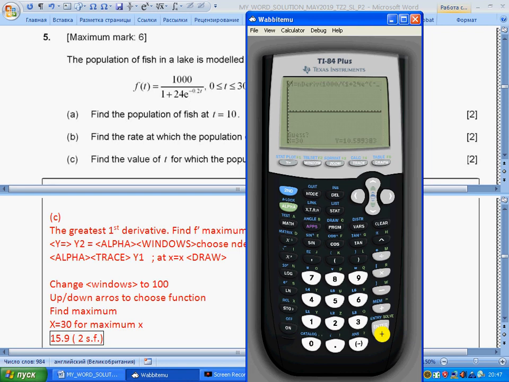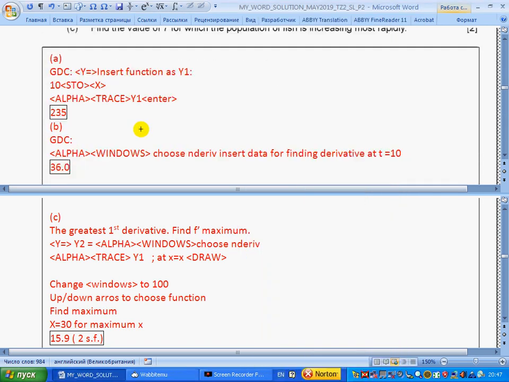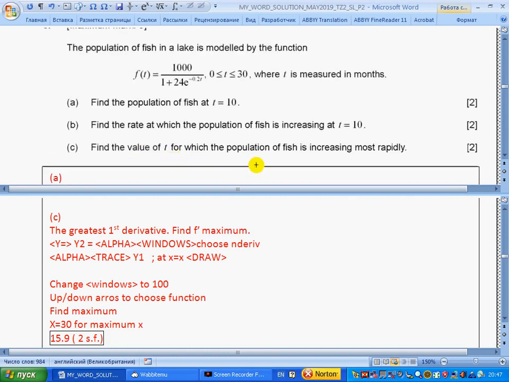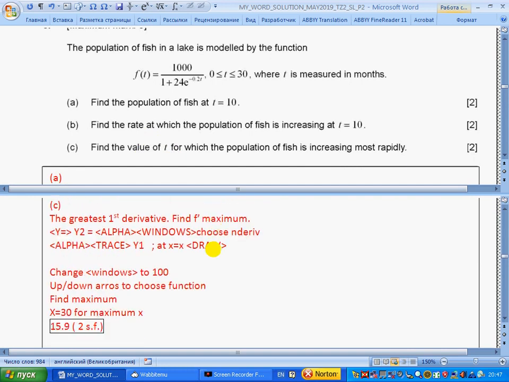Good. (15.9). Even though we don't see the graph, we can find the maximum. Let's save time. Let's go further. Question 6. We finished. Find the value of t for which the population of fish is increasing most rapidly. It is when the derivative is maximum. So we found this maximum.